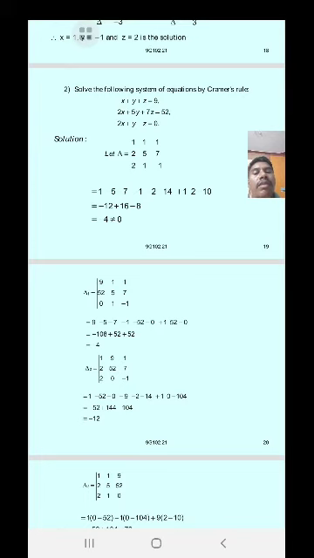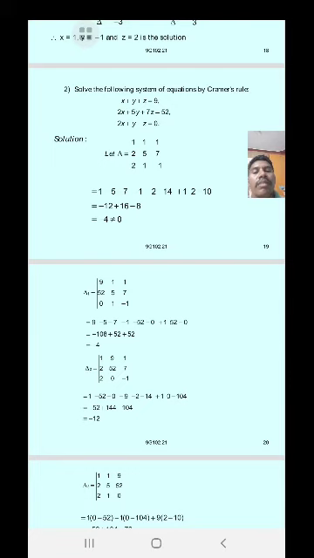Same, expanding by R1. If not mentioned, generally we expand by R1. You can expand with any row, you will get the same, but generally we expand the first row.